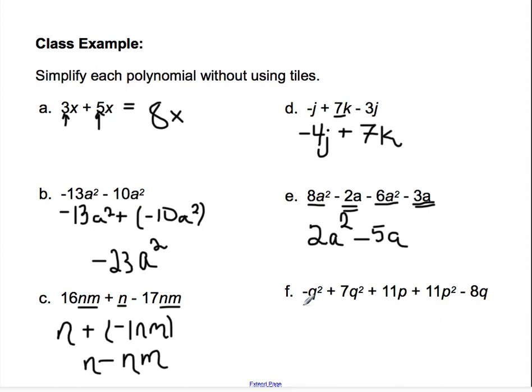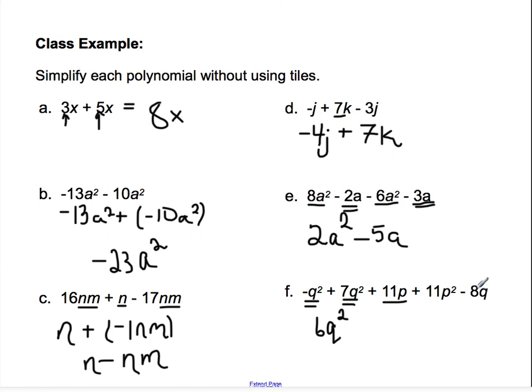Okay, so let's see here. We have a negative q squared. We have a 7q squared. And that's it. So those tiles are the same. I have 1 black and 7 white, assuming white's positive, black's negative. So I have 6q squared. I have an 11p.